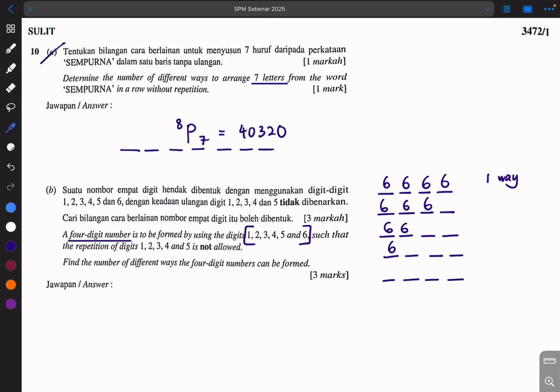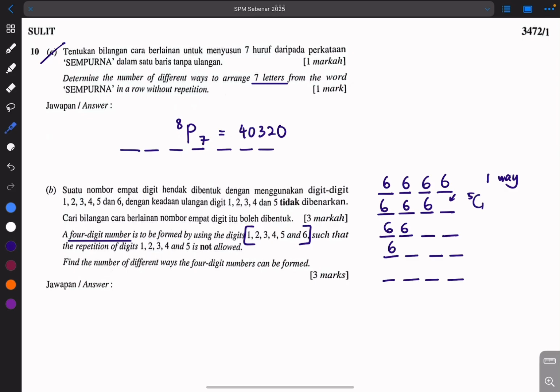Okay, if 6 repeats 3 times, that means we can put any numbers here. Can be 1, can be 2, can be 3. So what we can do is, the 3 6s we leave it. Here, this would be out of 5 numbers, we need to choose 1. So we say 5C1.